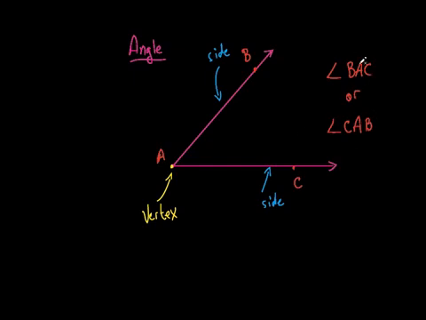What do they have in common? Well, they have this vertex in the middle. See that? That has to be in the middle if you're going to name this angle. So if I'm going to use 3 points to name an angle, I have to have the vertex in the middle. Okay, so the vertex has to be in between those other 2 points. And it doesn't matter what order I put them in, BAC or CAB. All right, so that's a little bit about an angle.